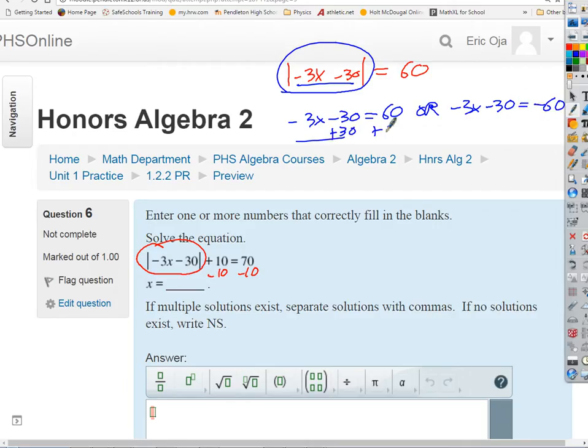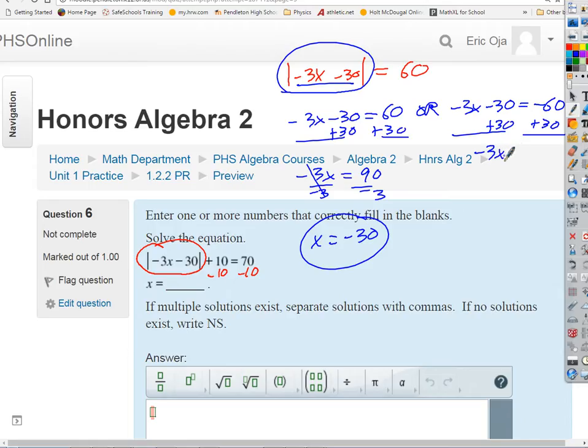So we add 30, get negative 3x equals 90, divide by negative 3, and one solution then is going to be x equals negative 30. On the other side, if we add 30, we get negative 3x equals negative 30, divided by negative 3, so we get x equals positive 10.